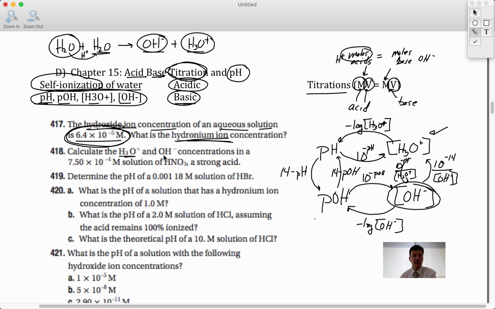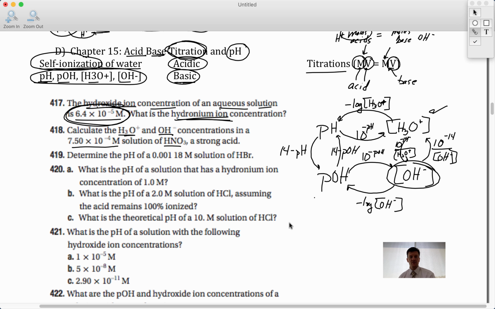Calculate the hydronium and hydroxide in this concentration of HNO3, a strong acid. Well, they're telling you it's a strong acid, so any strong acid is going to completely dissociate. What does that mean? HNO3 is going to completely dissociate into H plus and NO3.